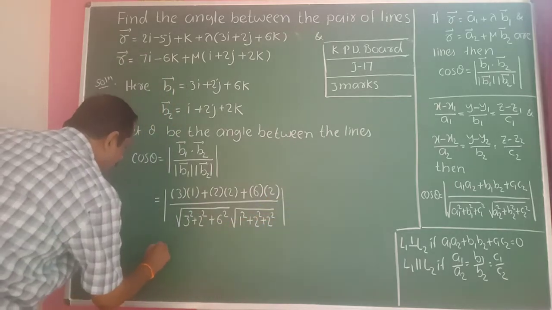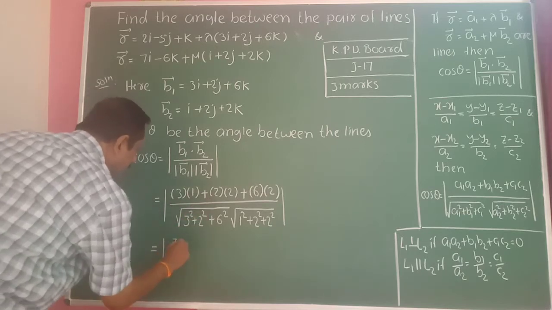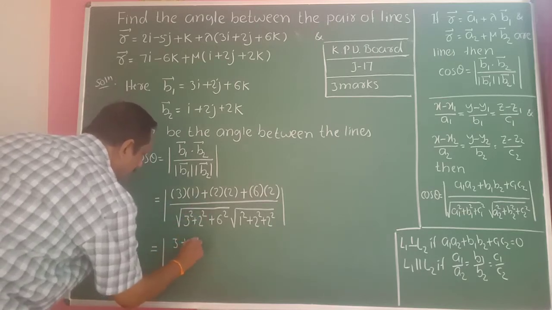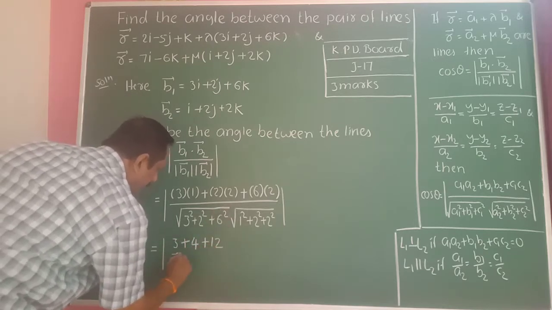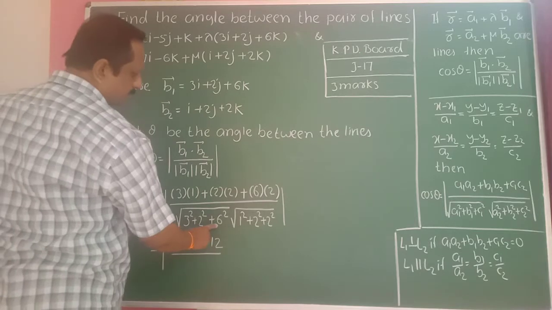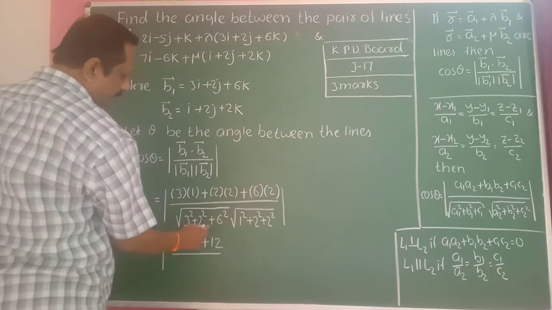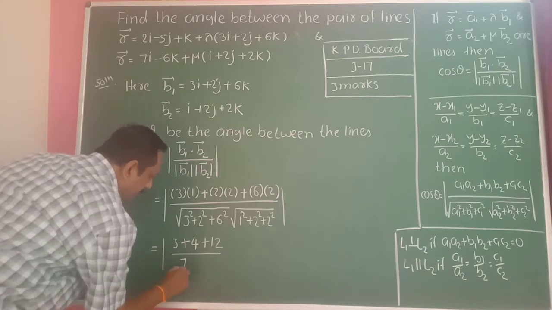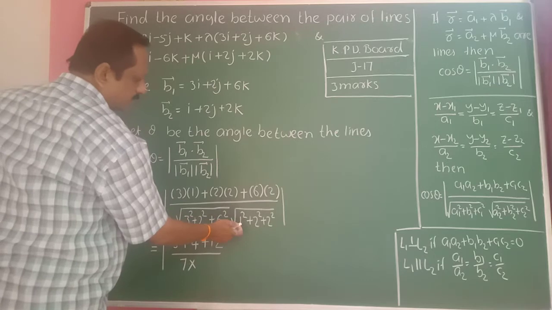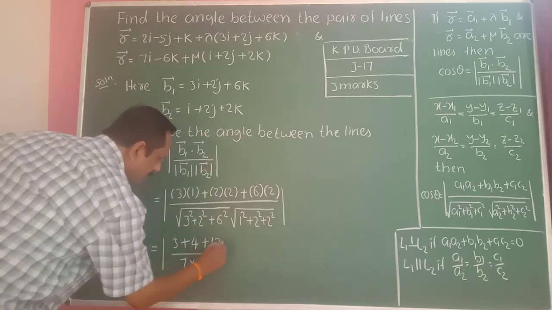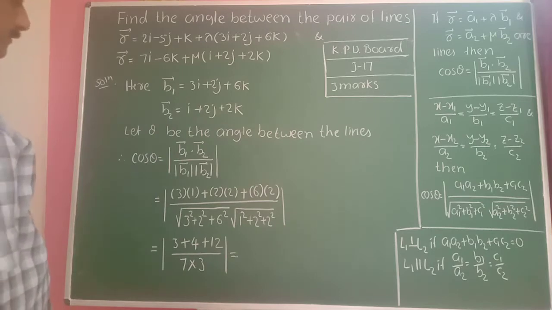Therefore this is equal to modulus of 3 ones are 3, 2 twos are 4 plus 4, and 6 twos are 12 here, plus 12 divided by, here 6 square is 36 plus 4 40 plus 9 is 49. Square root of 49 is 7 here into, and 4 plus 4 8 plus 1 9. Square root of 9 is 3. So same numbers as in the previous example here.